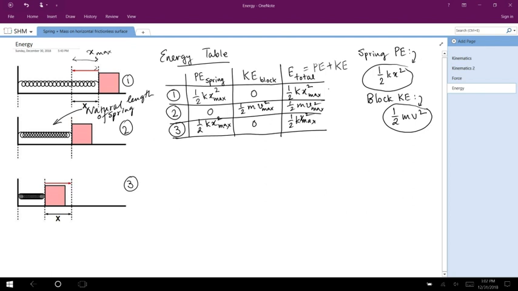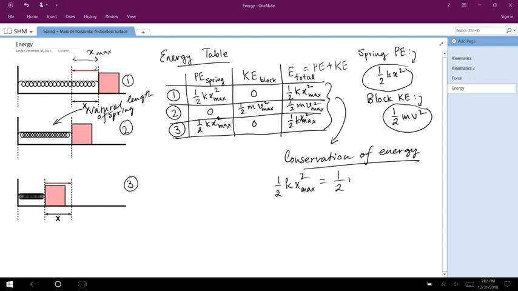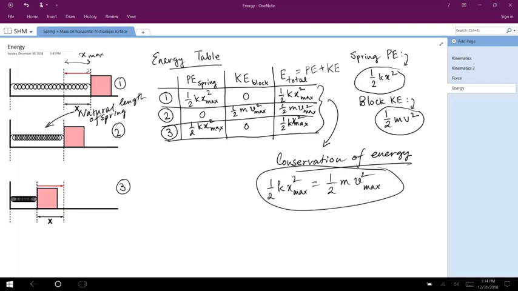Okay, so this is telling us that if conservation of energy applies, and here remember the block is on a frictionless surface, so conservation of energy definitely applies. So conservation of energy will tell us 1/2 K times x max squared is equal to 1/2 m times V max squared. We can further simplify our conservation of energy expression.